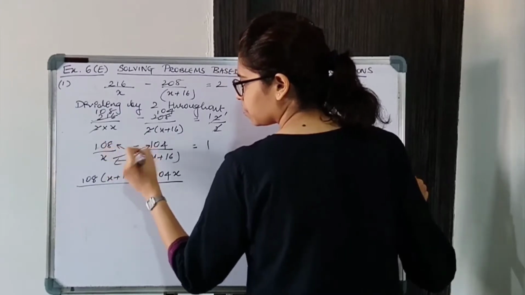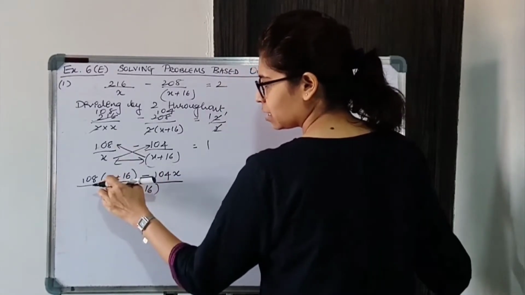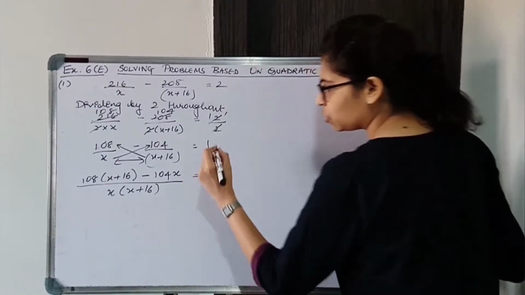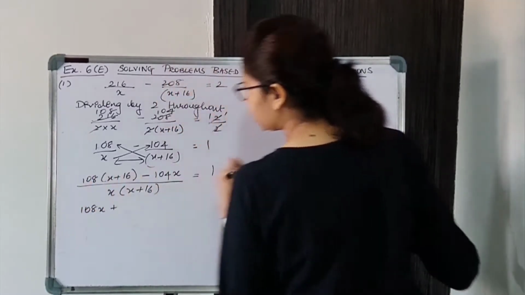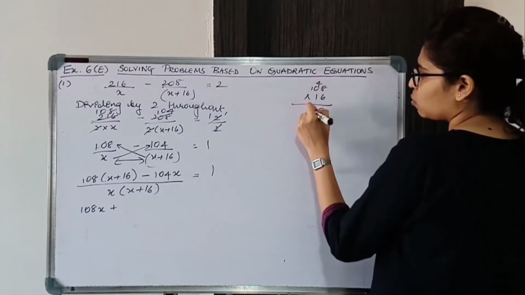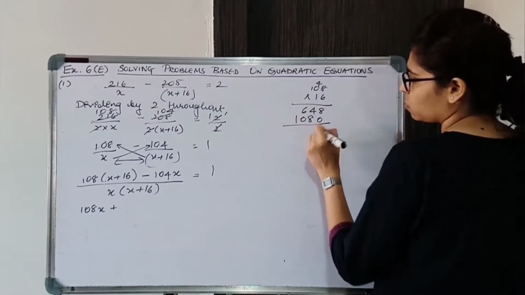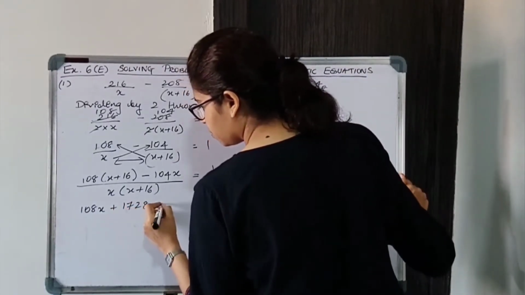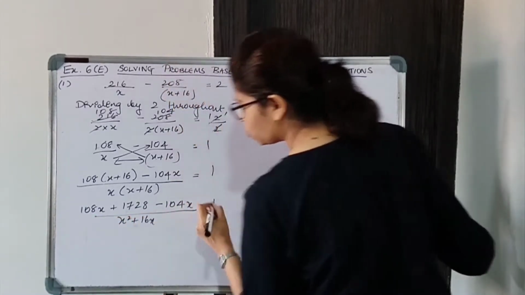Okay, so x into x plus 16, so criss, put the sign in between, cross and then multiply the denominators is equal to 1. So 108 into x gives 108x, 108 into 16, 6 8s are 48, so this will give 4, 6 1s are 6, 0 8 0 1, so we'll get 1728 minus 104x upon x square plus 16x is equal to 1.